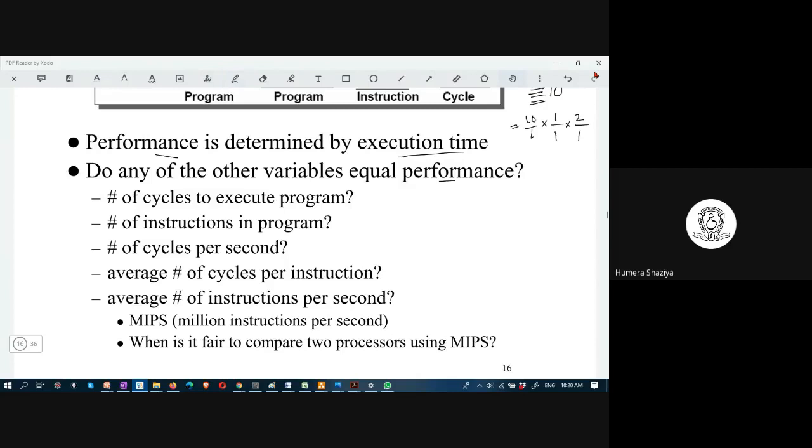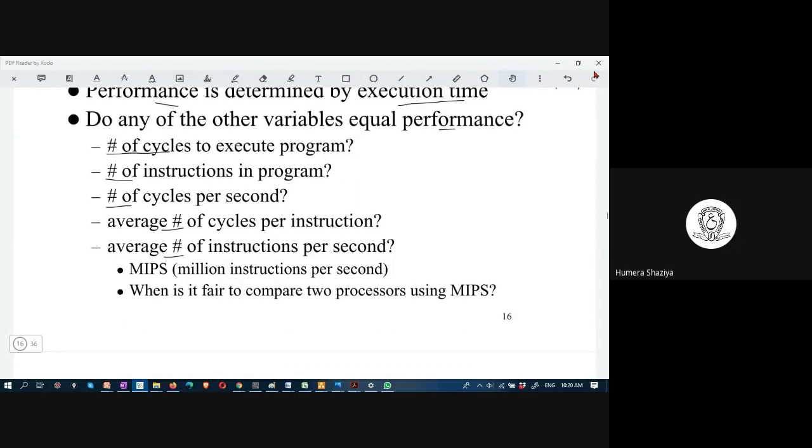The variables given here are: number of cycles to execute a program, number of instructions in a program, number of cycles per second, average number of cycles per instruction, and average number of instructions per second. These are all the variables that have an impact on the performance.